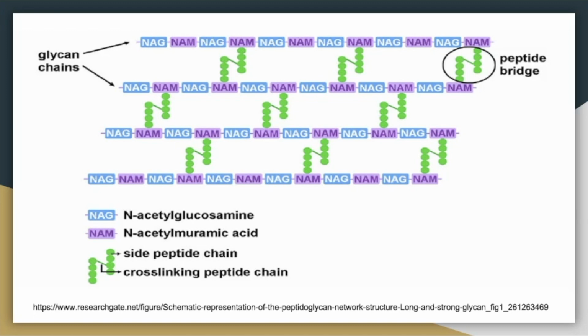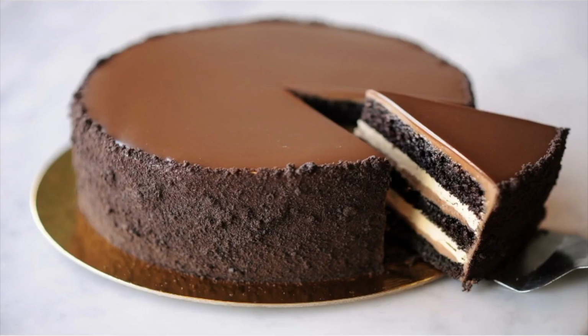And the kind of cement in between the walls is your peptide bridge. These are individual amino acids that are linked together, and each of the chains are cross-linked to make a stabilized structure. When you think about peptidoglycan, I want you to take a look at this cake.